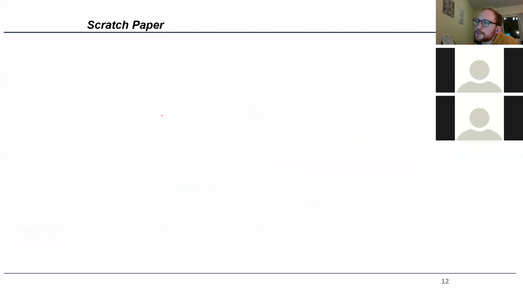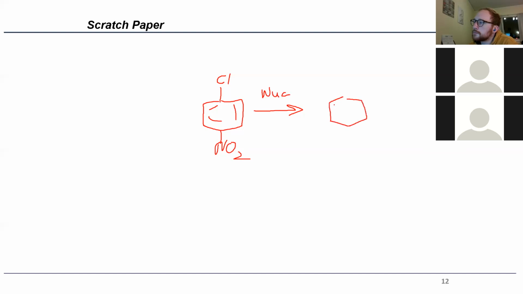So the question is, I have this and I react it with a nucleophile. How do I know that I am going through a displacement mechanism, addition-elimination, or elimination-addition?